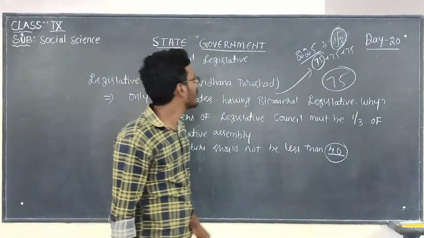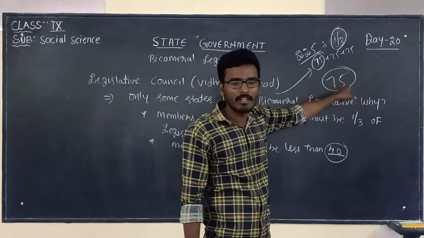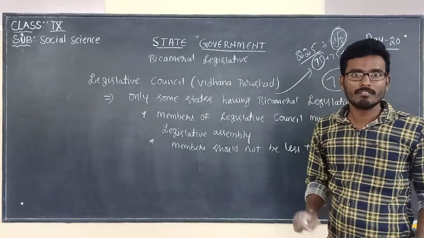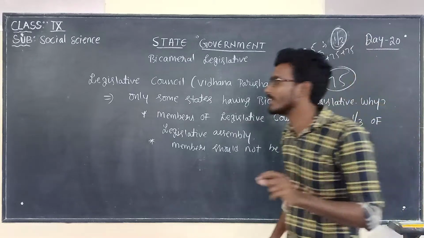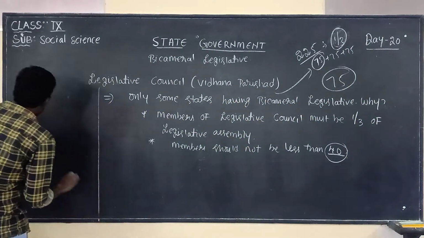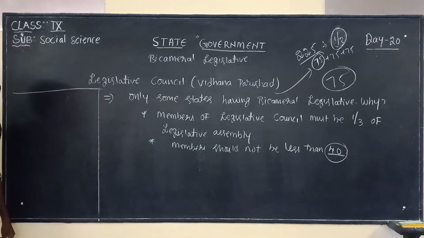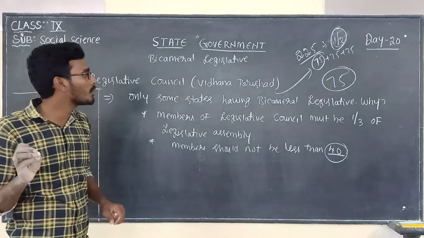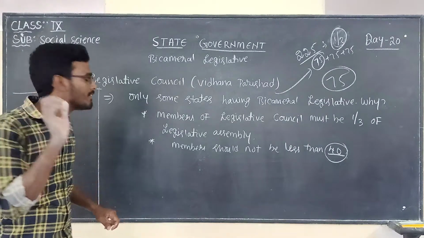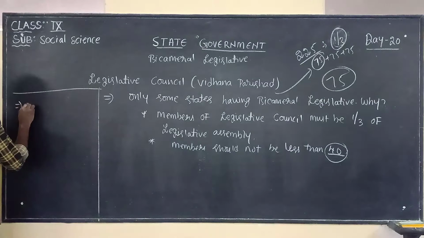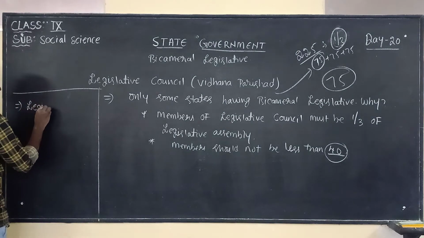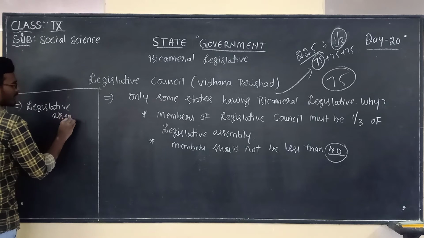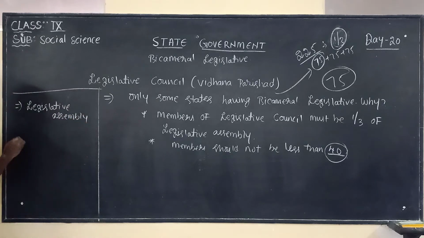So the total members in the Karnataka Legislative Council is 75, right? Now, from where are these 75 members elected? The members of the Legislative Council are elected from 5 areas. First one is the Legislative Assembly.